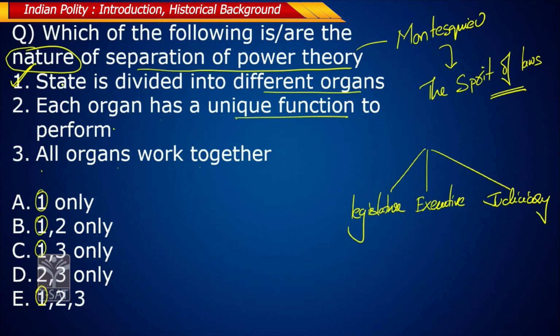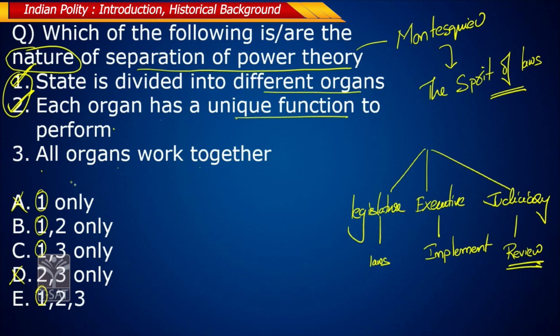Now 2, each organ has a unique function to perform. Absolutely correct. Legislature to make laws, executive to implement the laws, and judiciary to review those laws. So these 2 are correct, and you can eliminate the other options.